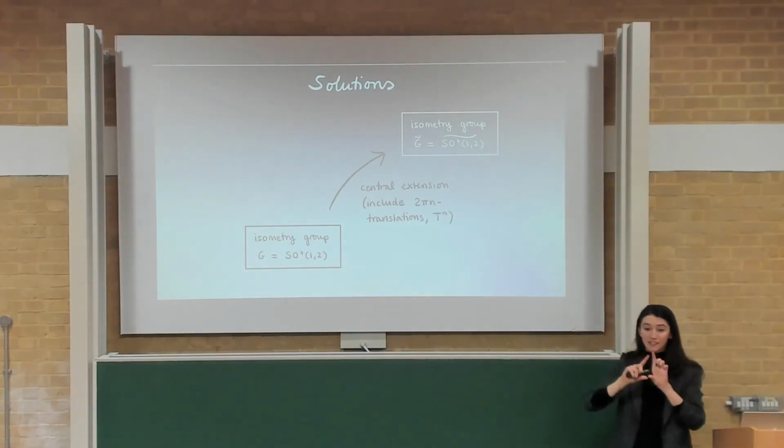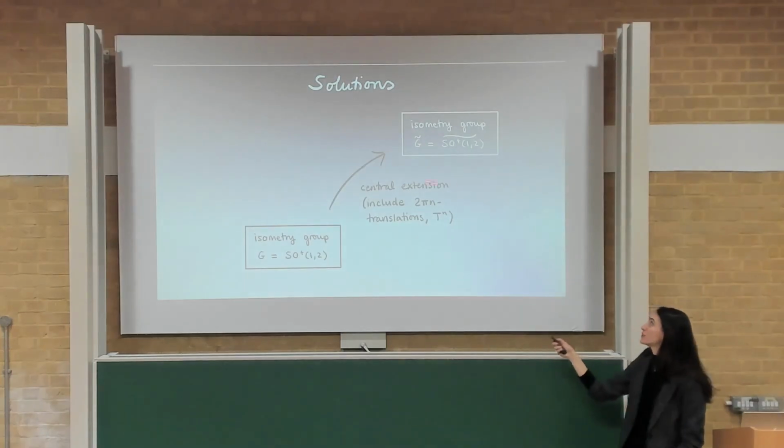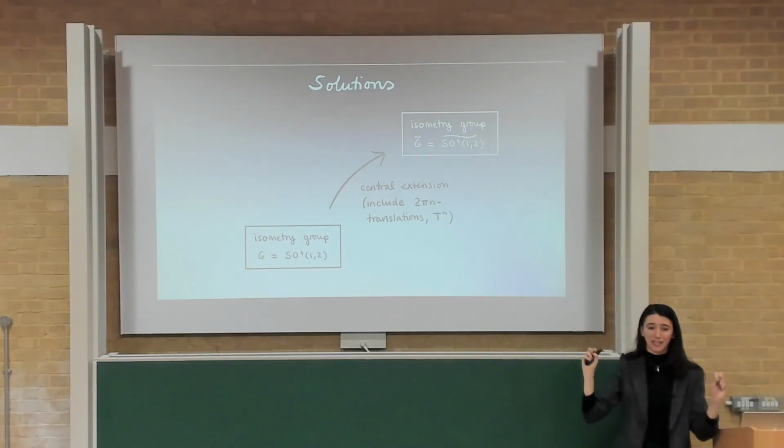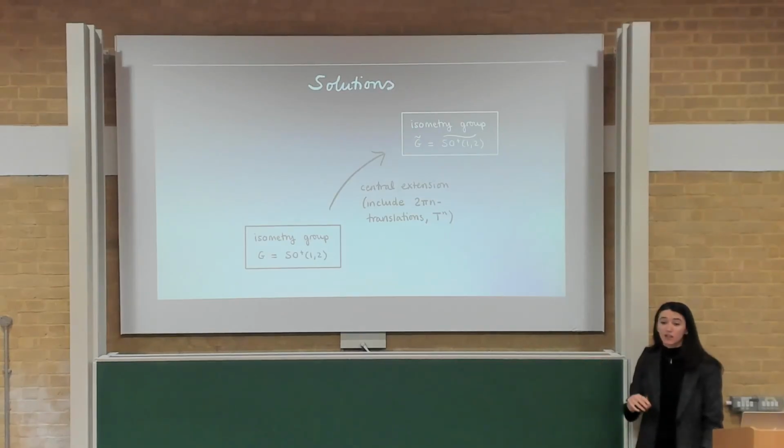But in the infinite strip, a 2 pi translation in the sigma direction is non-trivial, and therefore those become elements of the universal cover. And they commute with all the other elements, so they're the center of the group, thus the name central extension. So this is just the Lorentz group together with 2 pi n translations along the spatial direction sigma for any integer n.